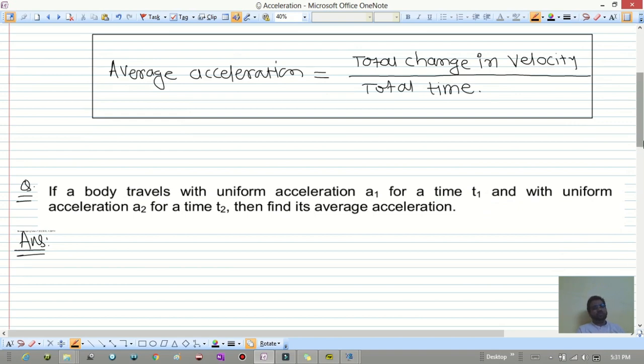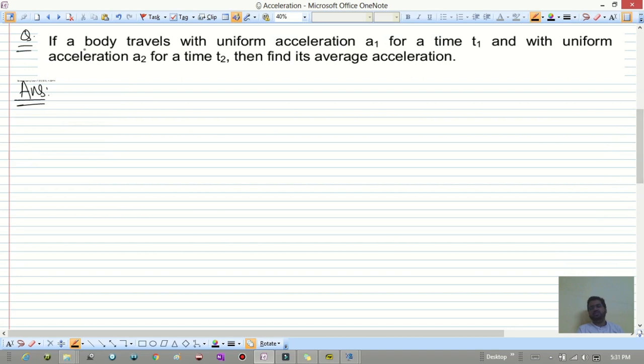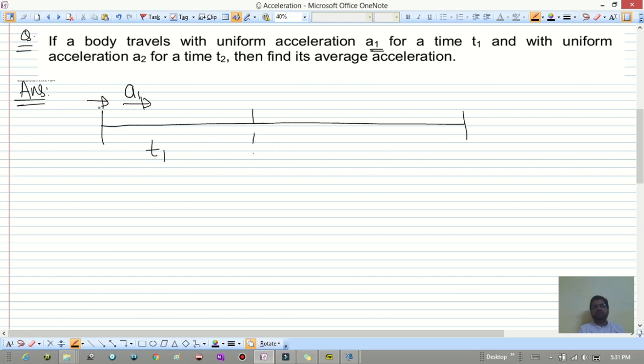Now based on this we'll do some problems. If a body travels with uniform acceleration a1 for time t1, with initial velocity u, and then with uniform acceleration a2 for time t2, let us consider the final velocity at the first point as v, and the final velocity at the end as v dash.